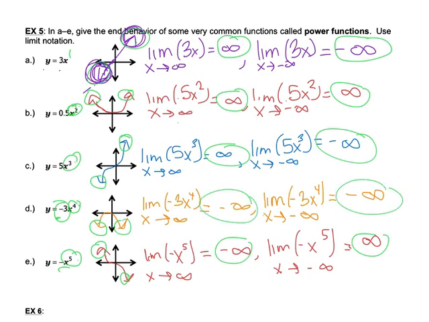So the important takeaway from this is if it is a power function, if you know one end of the end behavior, you know the other one.